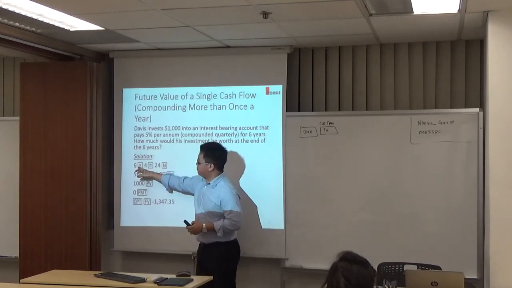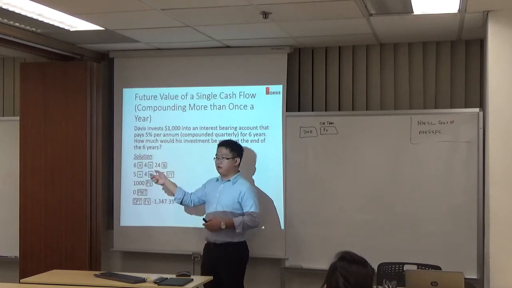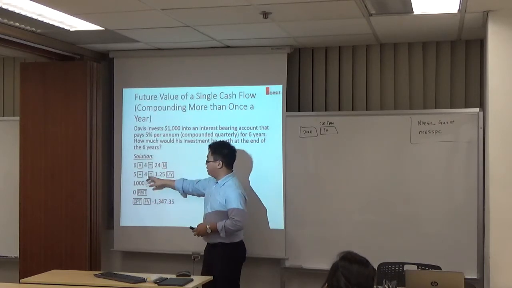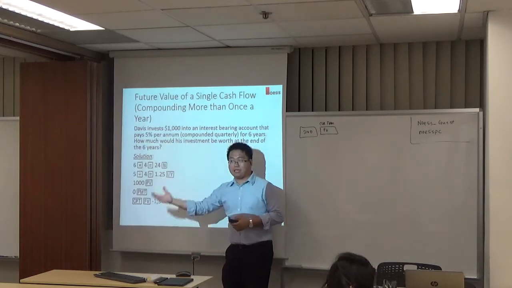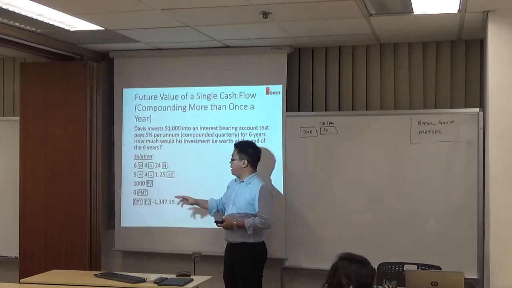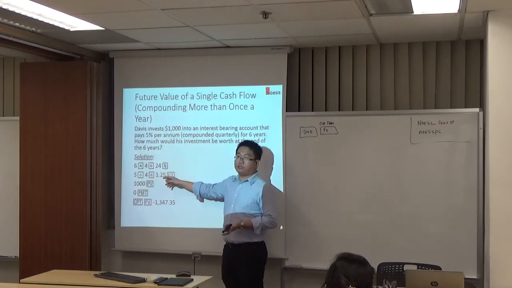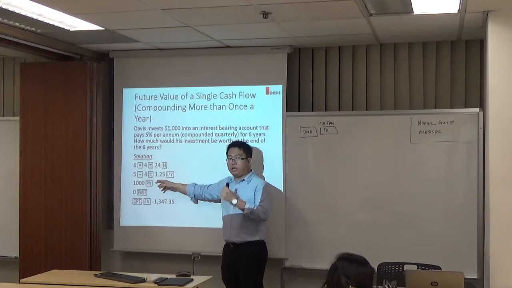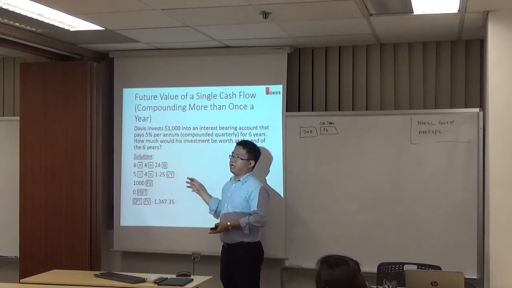You press 6 times 4 equals, you get 24, then you press N. Save it in. Then for the interest rate, your interest rate is 5% per annum, but it's paid quarterly. So you will press 5 divided by 4, and then you get 1.25, which means that your interest rate is 1.25% per quarter. Then you press I/Y.